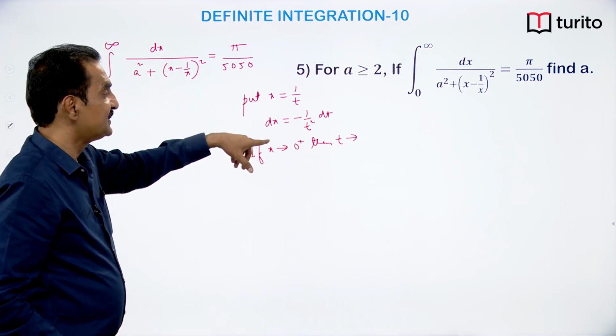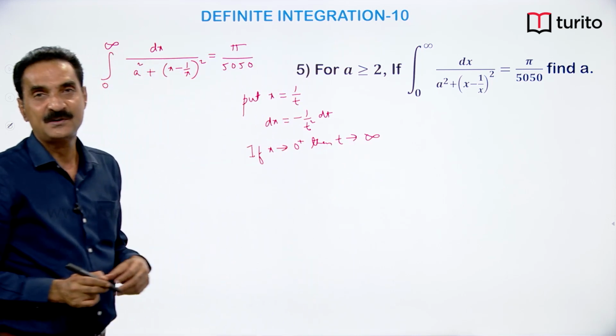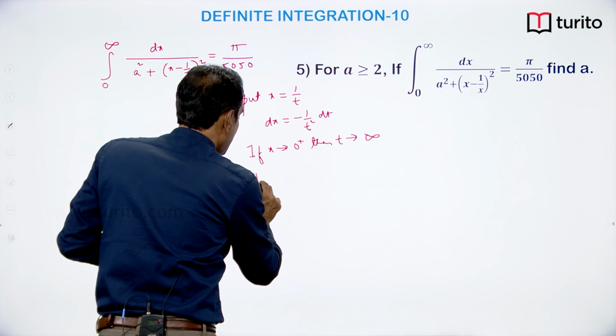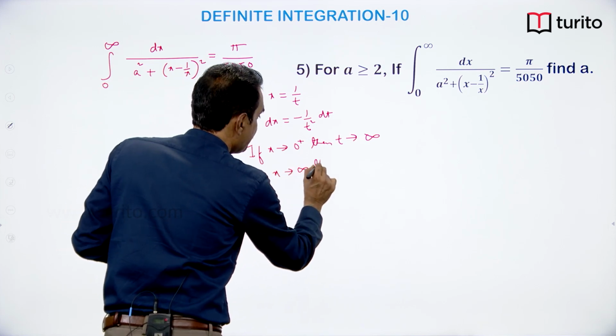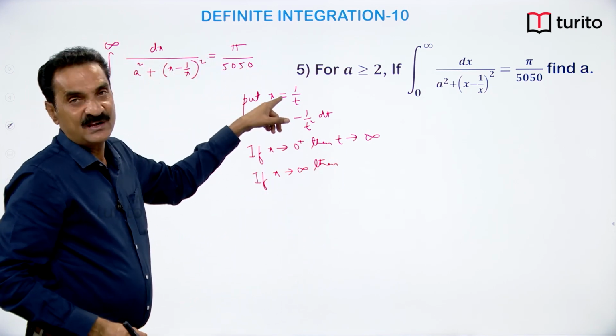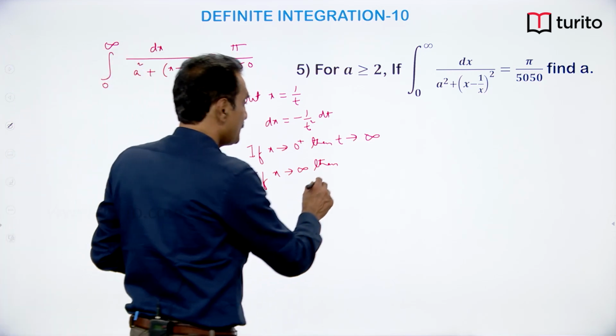T is 1 by x, then t tends to infinity, is it not? Next, if x tends to infinity, upper limit, then t is 1 by x, so t tends to 0, 1 by infinity tends to 0.